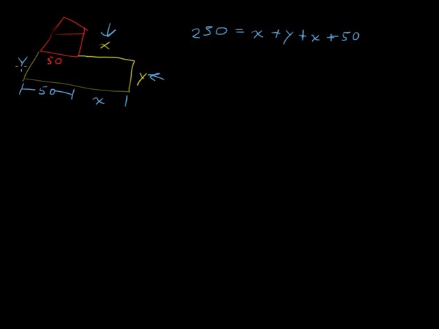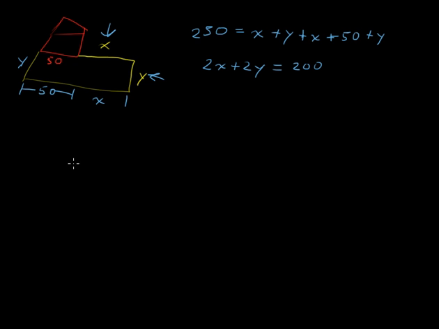Plus this side has to be y because it's going to be a rectangular, it's a square in the end, but a rectangular fenced in area. So plus y. Simplifying all that, you get 2x plus 2y equals, I'm going to subtract 50 from each side and get 200. Okay, let's hang on to that.